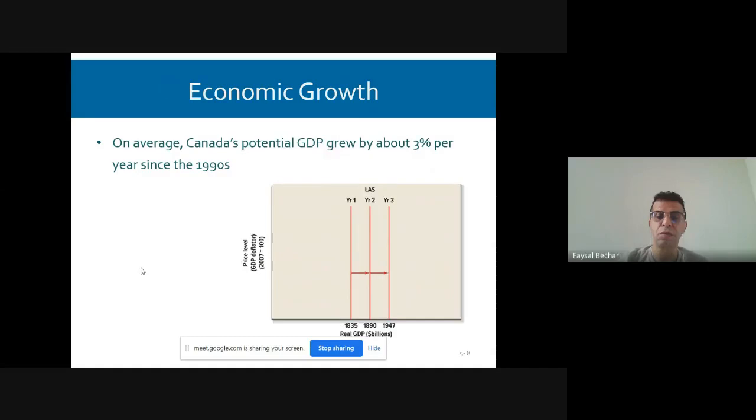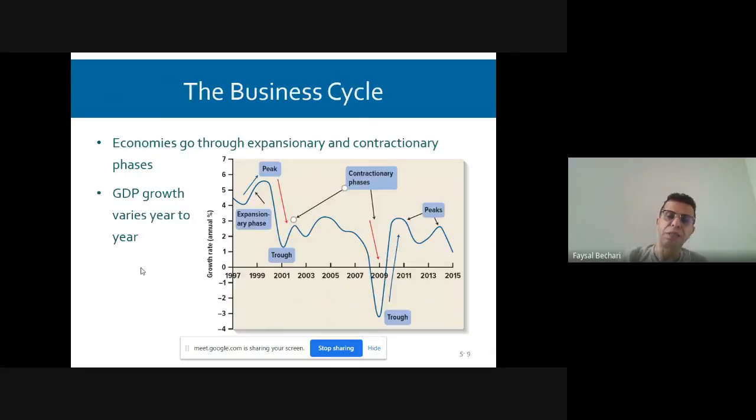Now, in a business cycle, we always go through expansion and contraction. So business is booming and business is declining. These are the cycles that will always be there. When this is happening, GDP growth varies from one year to another.